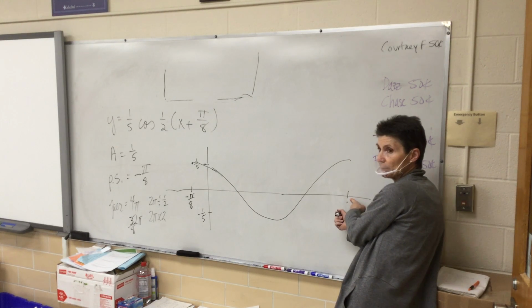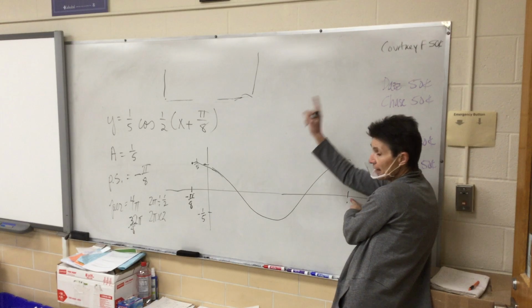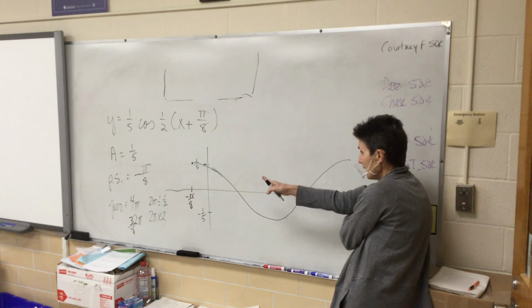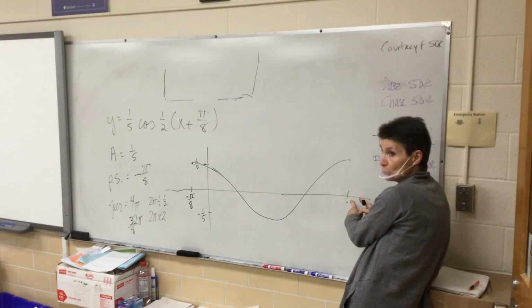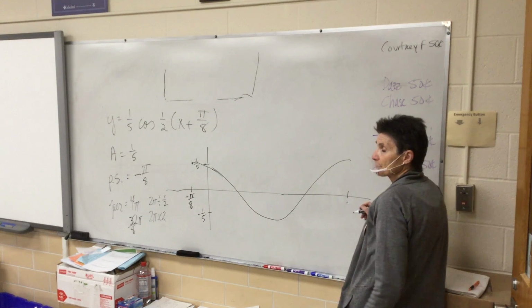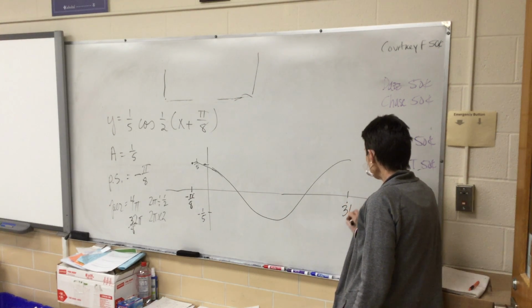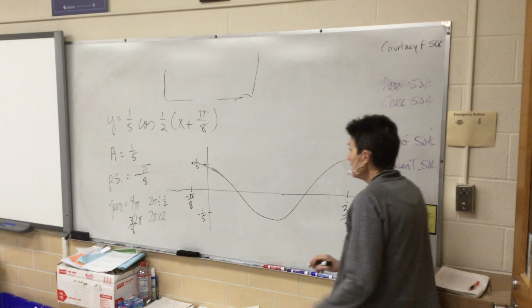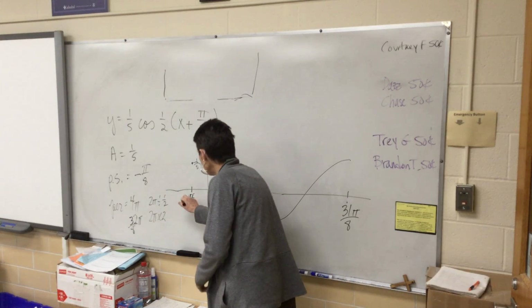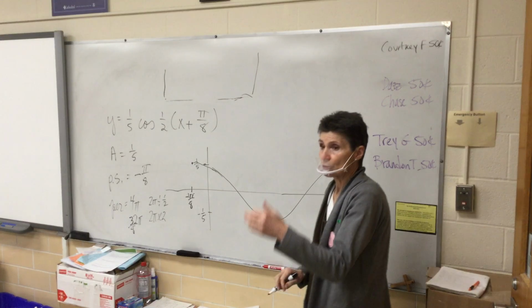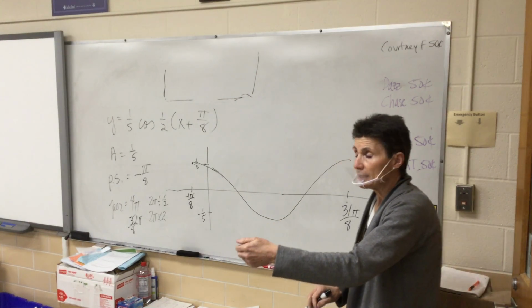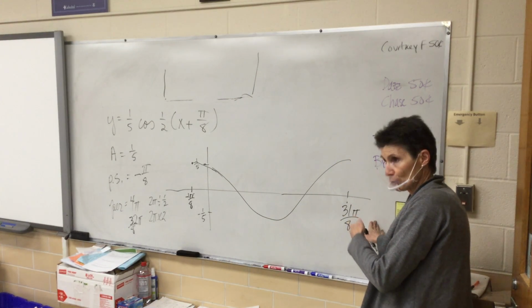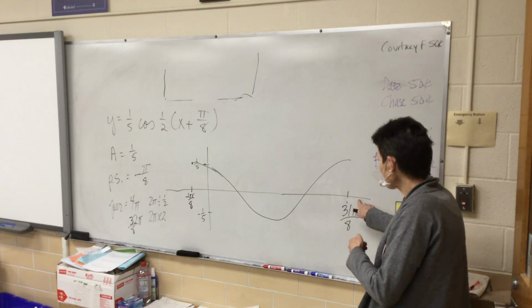So what will this label be? If I start at negative 1 and travel 32, where will I be? 31 eighths. That's it exactly, 31 pi over 8. You're starting at negative 1 eighth, starting at negative 1 and traveling 32. So that's going to be your endpoint.